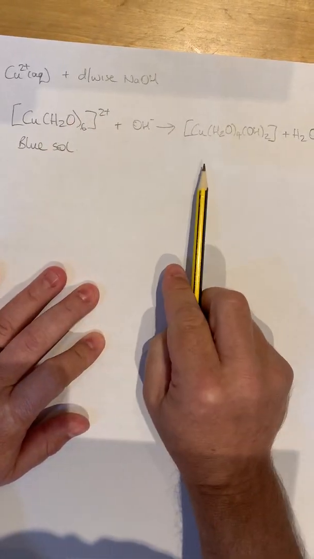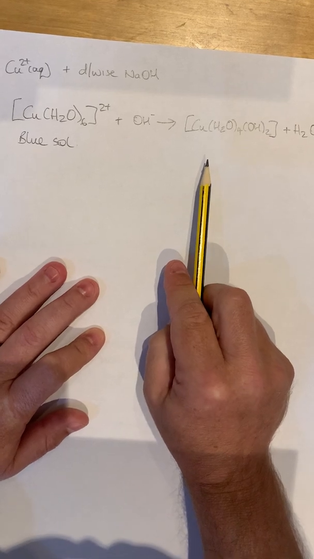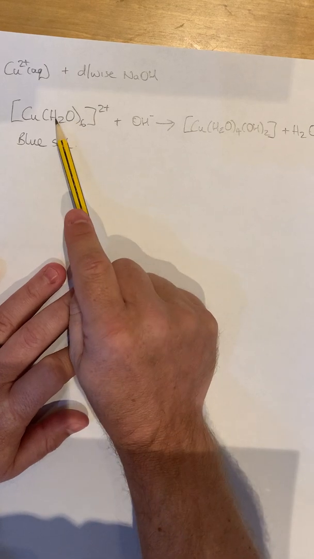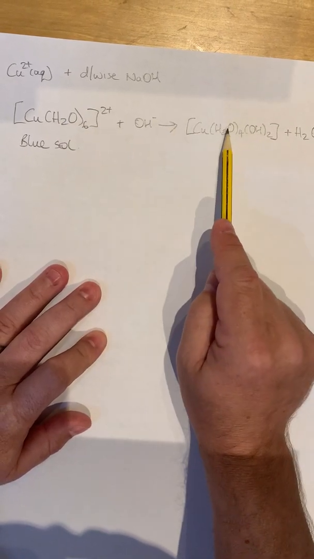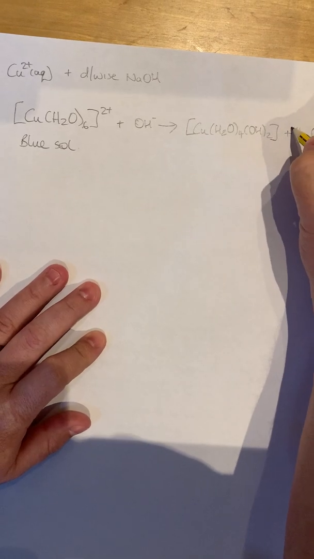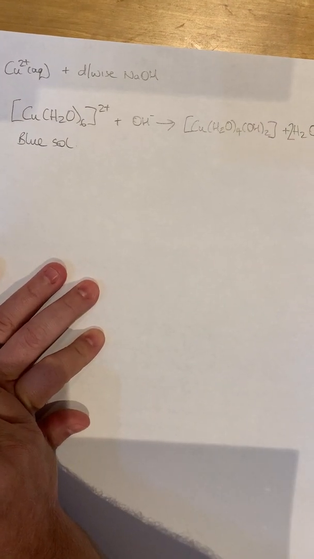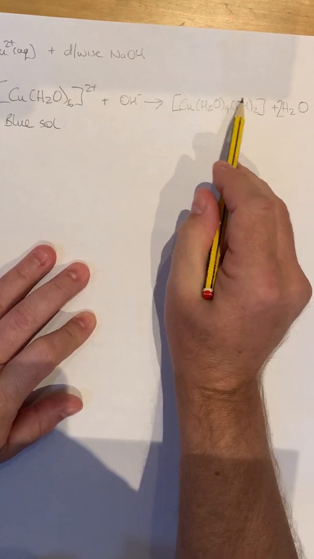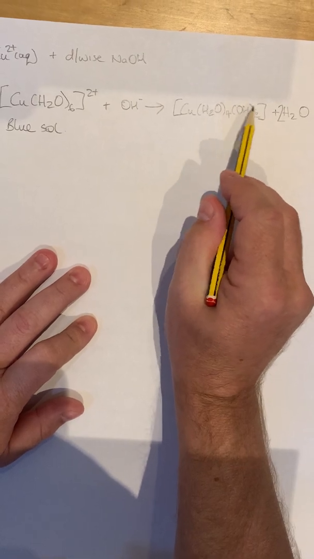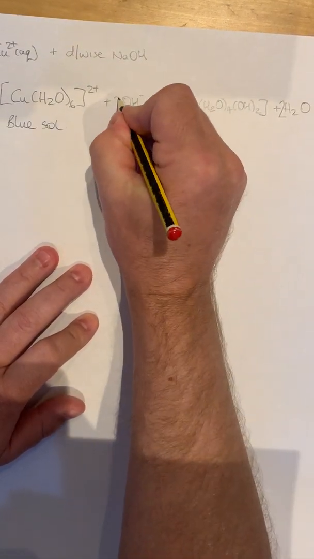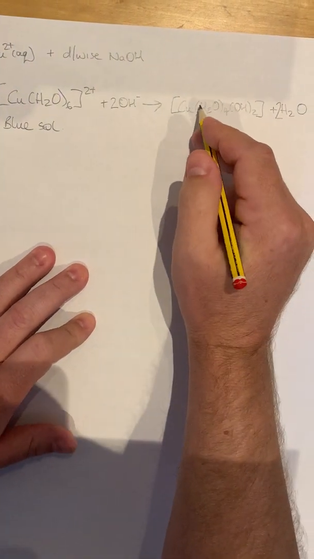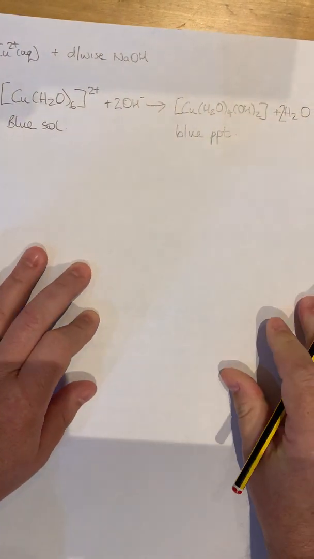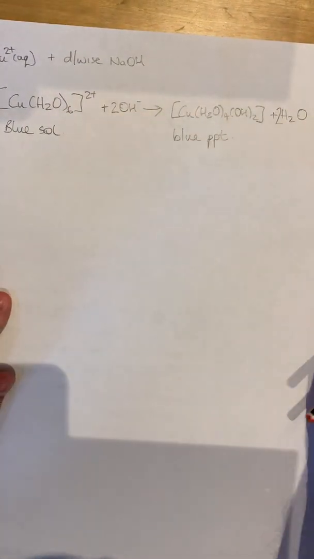Looking at balancing that, you can do it by thinking about it as a substitution reaction. 6 water ligands there, we've only got 4 water ligands in the complex, therefore we need 2 that look like they've been kicked out, and then we need to cover the 2 OH minus ligands in the complex there, we need 2 of those. Don't forget the final observation, this is a blue precipitate.